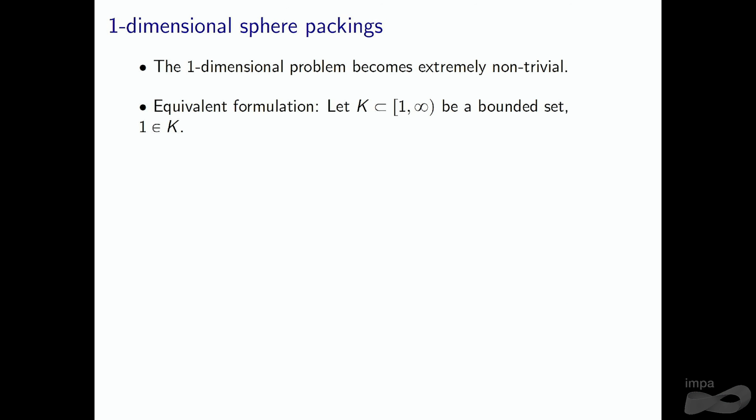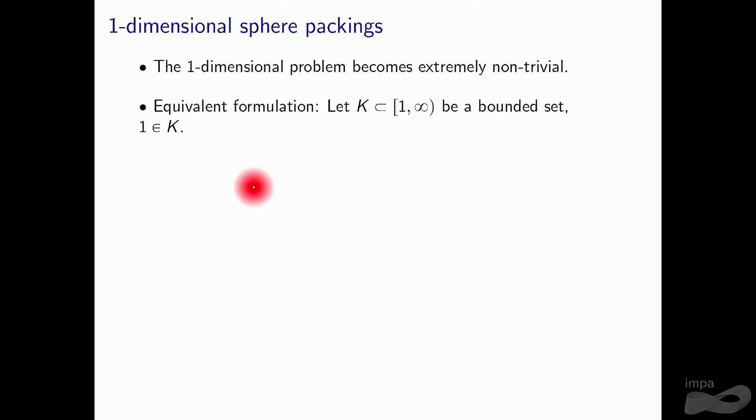And I'd like to finish by talking a little bit about the one-dimensional problem. In the original problem, it is trivial, but now with constraints, it becomes extremely non-trivial. Here, it's more suitable to consider an equivalent formulation. Instead of looking at forbidden distance, you take the complement of the set, you look at the allowed distances between the centers of spheres.